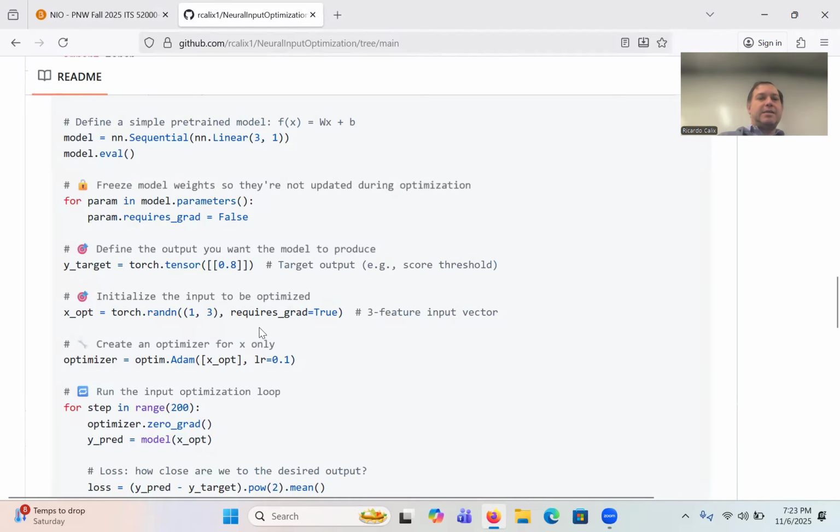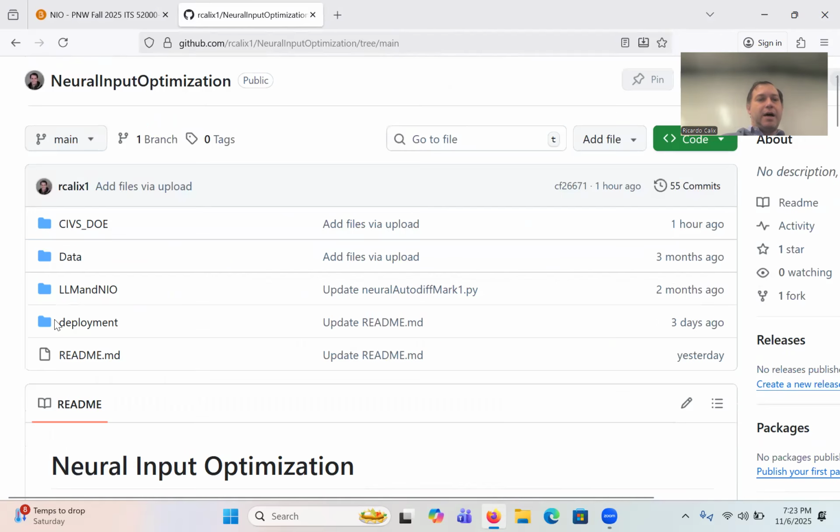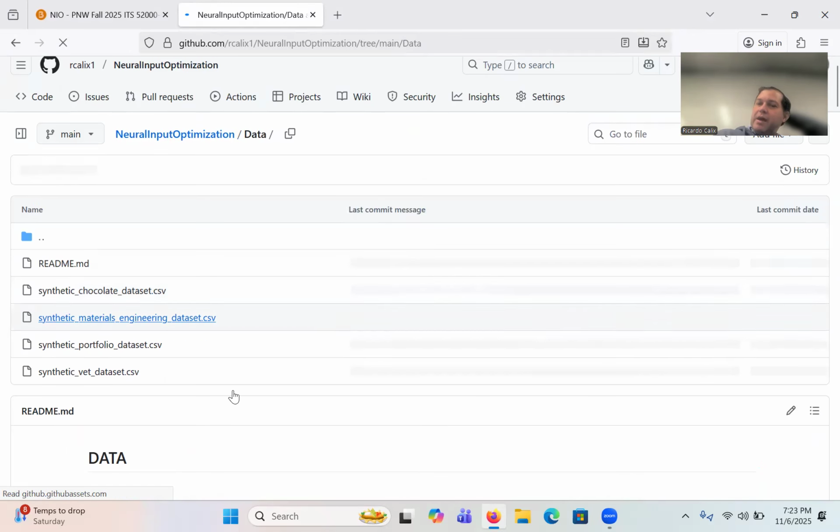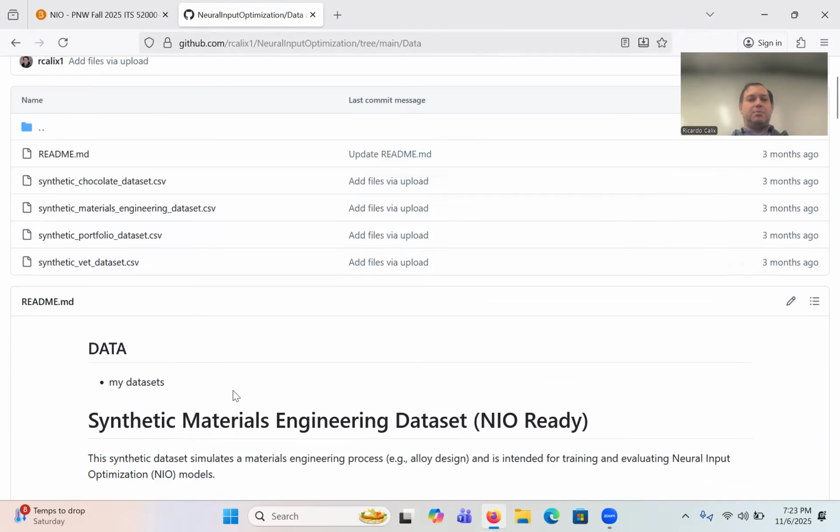README. As I said, I did provide here this data, which, like I said, is something I generated the other day as I was preparing for this, and it's just synthetic data, but it's meant to be for this type of problem.